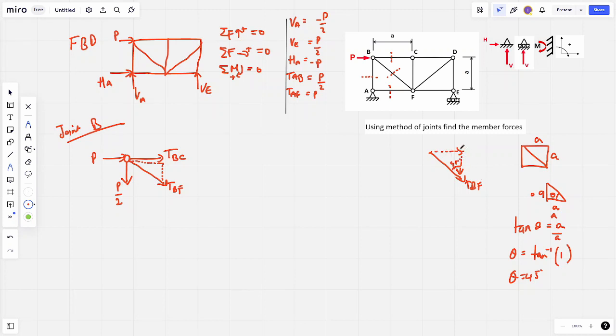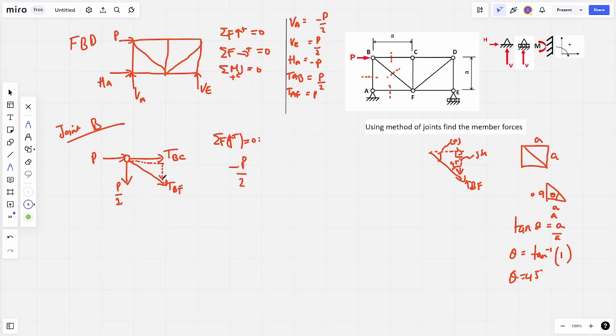To get the horizontal and vertical components, the sign is really important. Remember, the other angle is also 45, as that's a right angle triangle. That is going to be cos, and that's going to be sine. So let's look at the summation of forces going upwards first. We've got negative P over 2 because it's going down.